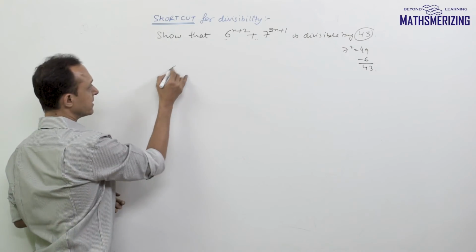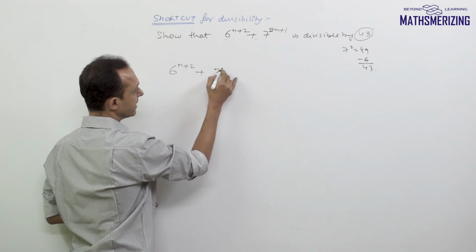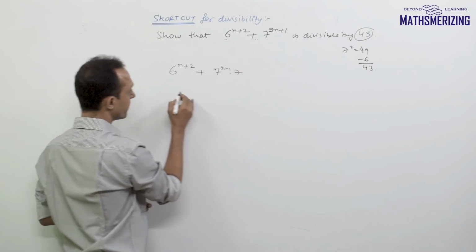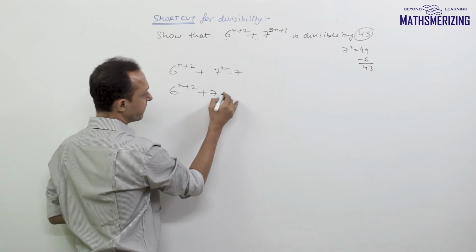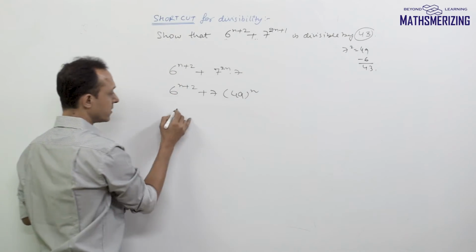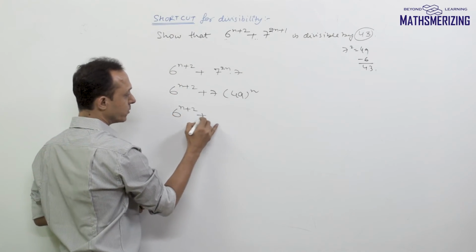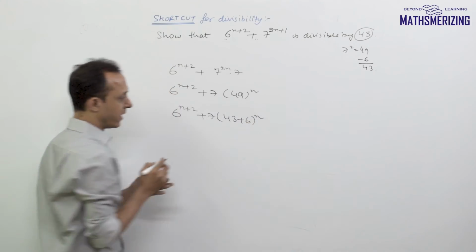So I'm going to write it as 6^(n+2) and then I write 7^(2n) into 7. So this is 6^(n+2) and then I write the 7 first and then 7 squared is 49 to the power n. So I write 6^(n+2) + 7 and this is (43 + 6)^n.